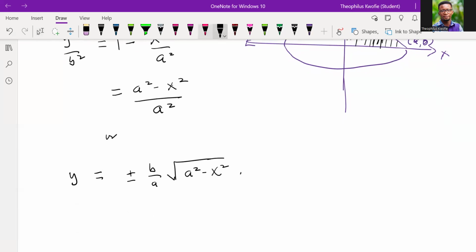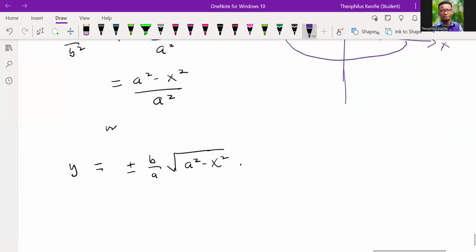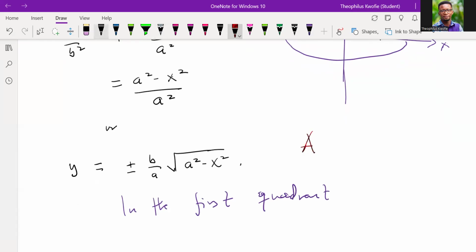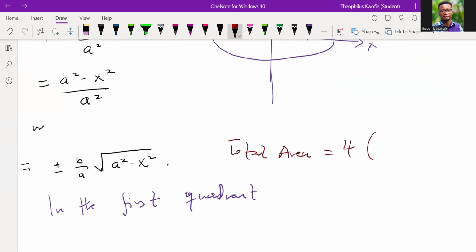So the total area is always 4 times the area of the first quadrant.